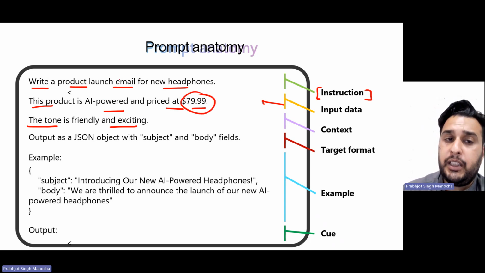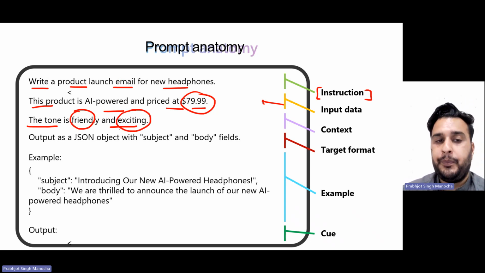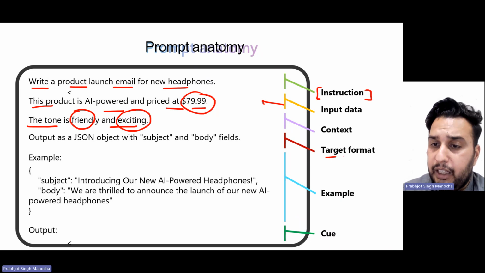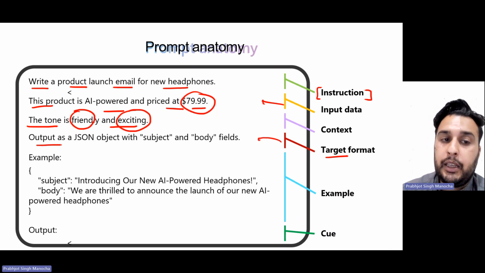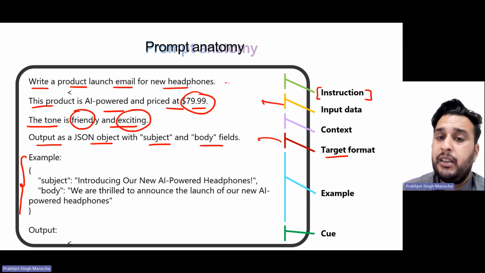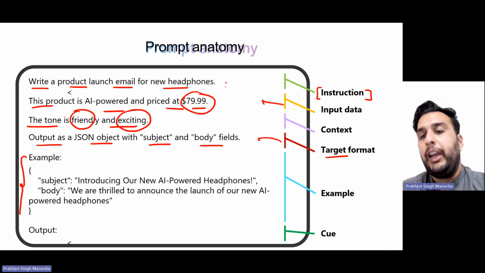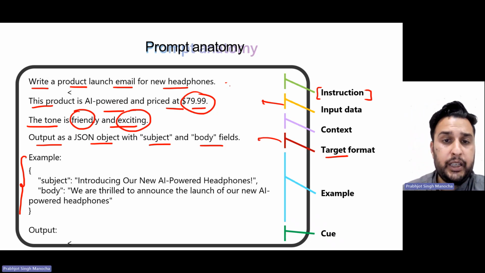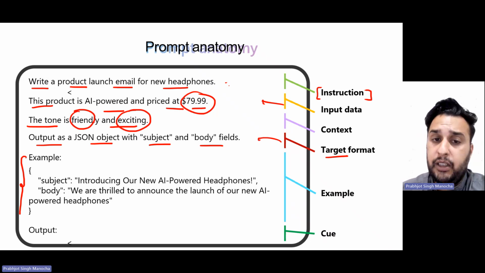Then whatever email you write, the tone should be friendly and exciting. And what is the target format that we want? We want the output as a JSON object with subject and body fields, and it produces the kind of output we can expect. So it is the process of designing, defining, and generating a more accurate output over the instructions, input data, context and target format. We can even say I want it in this specific format.